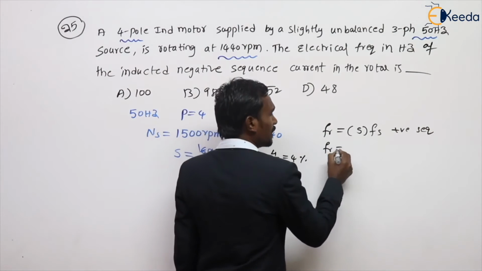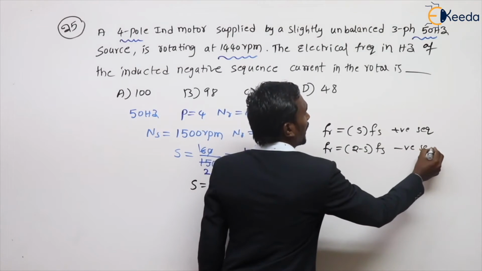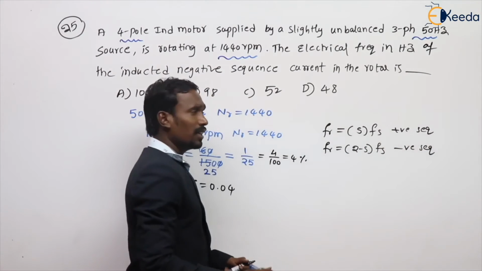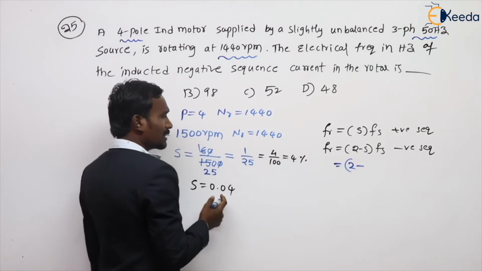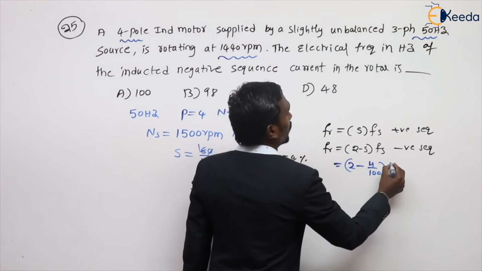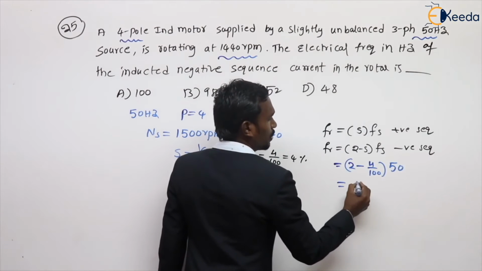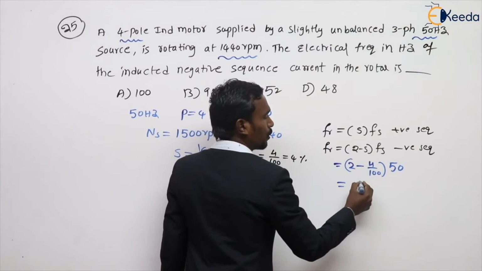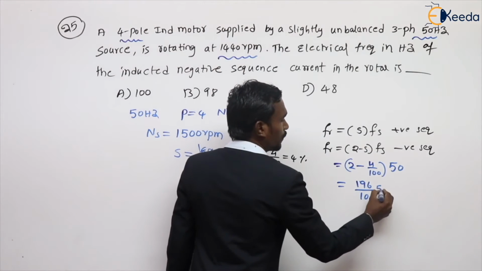For negative sequence, Fr is equal to (2 minus S) into Fs. So 2 minus S, where S is 4%, nothing but 4 by 100, and the frequency is 50 Hz. So 200 minus 4, 196 by 100 into 50.